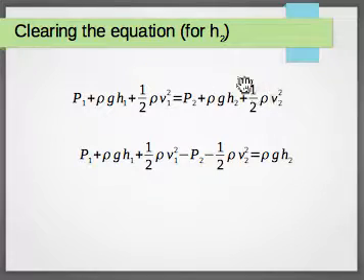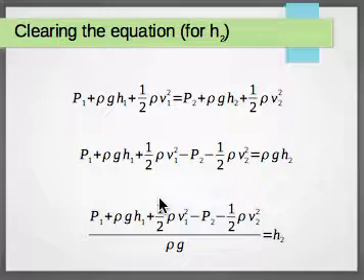You gotta subtract on both sides and you get this. Anyways, what's next? This gravity and this density, you do not want there. Gotta divide both sides by those amounts. And what do you get? This long formula. And that's going to be the formula you have to use to get the height.